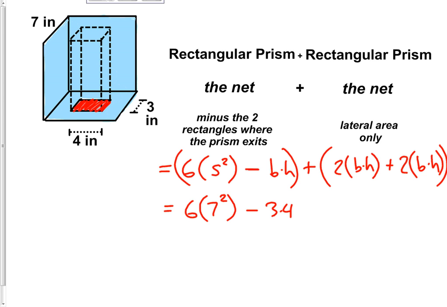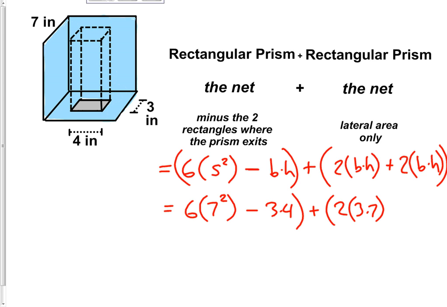So that's the 3 times 4 that I put down on B times H from above. Okay, now looking into the prism, let's finish this stuff off here. 2 times, we have a rectangle right in there. We have 2 like him, and he is 3 units times 7 units.